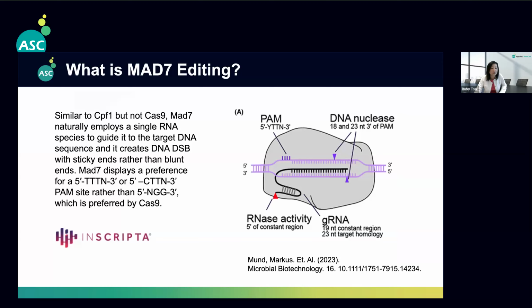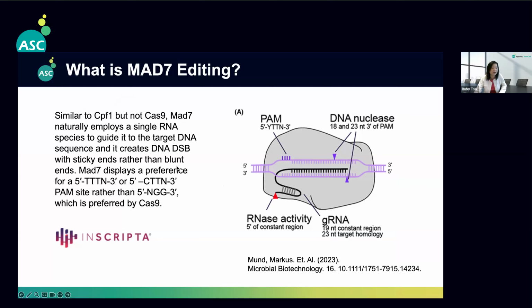And it creates double-stranded DNA breaks, however, with sticky ends. So that provides a little bit better precision in terms of gene editing, especially for gene insertion, because it's sticky ends. So only sticky ends can actually stick back together.